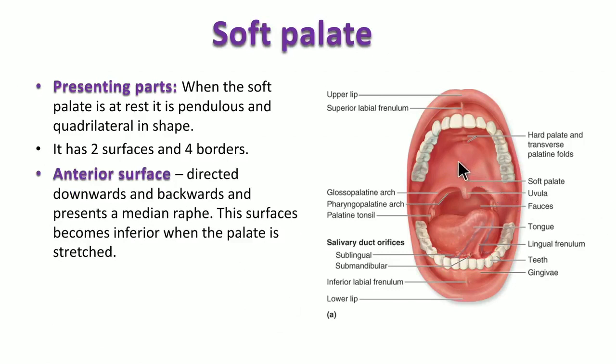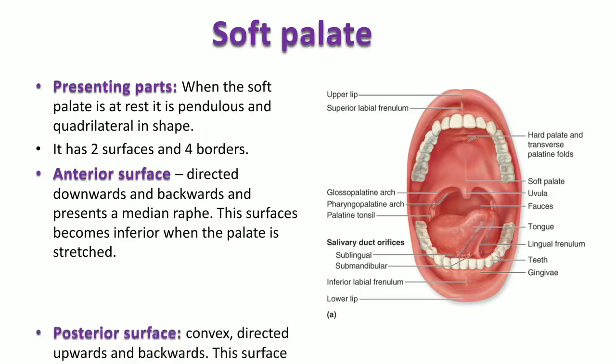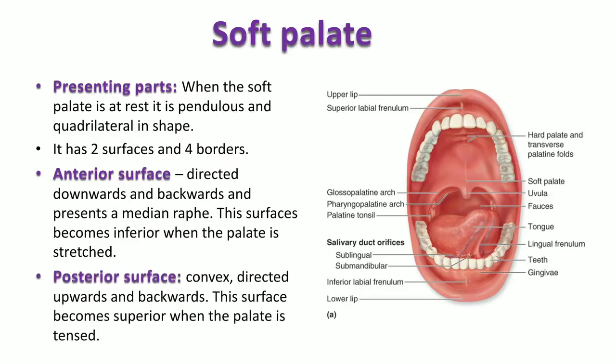The anterior surface extends downwards and forwards, and this also presents a midline raphe, which is continuing from the hard palate, the same midline raphe. When the palate is tensed or stretched, the anterior surface becomes the inferior surface. Next, see the posterior surface.